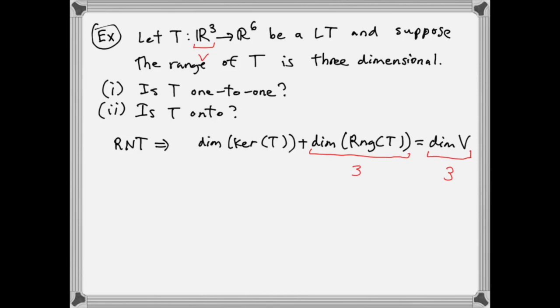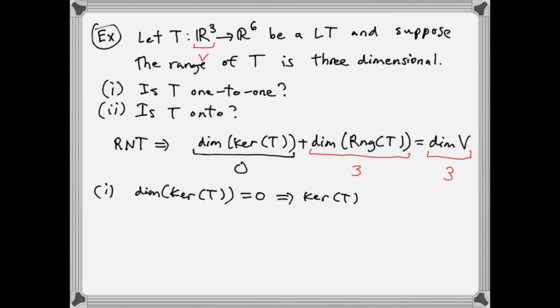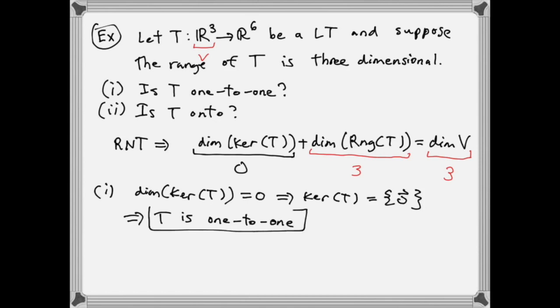So what would the dimension of the kernel be forced to be? Well, the only number that if you add to 3, you get 3 would have to be 0. So let's go ahead and answer the questions then. First question, the dimension of the kernel is 0, which implies that the kernel is the trivial subspace. This implies that T is one-to-one.